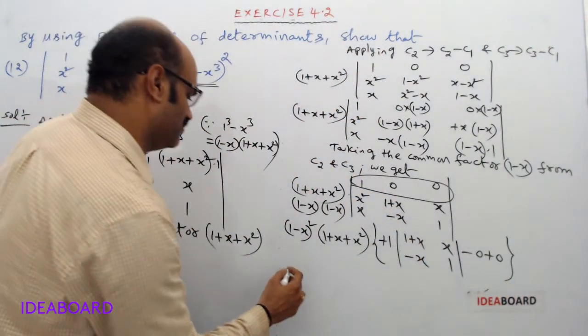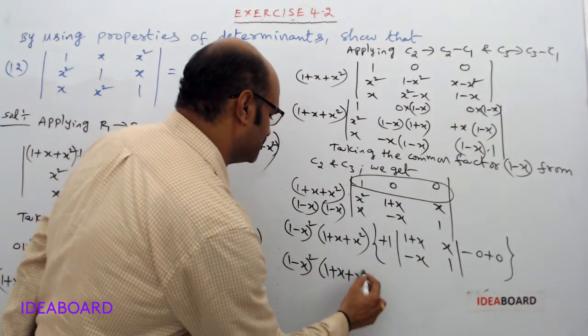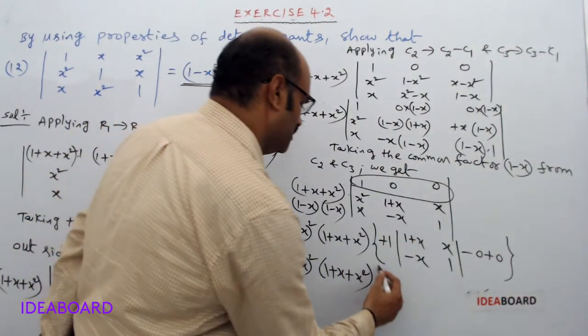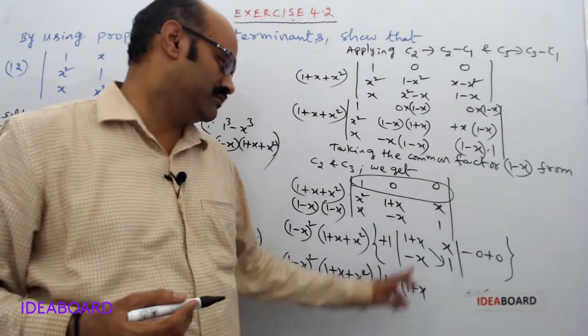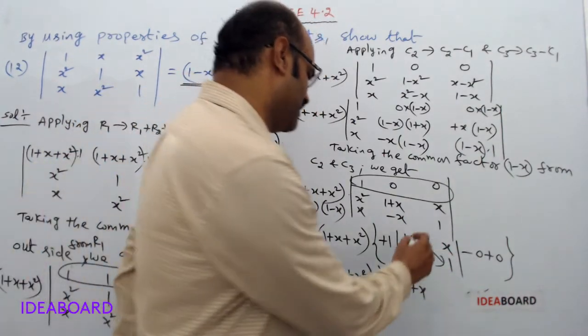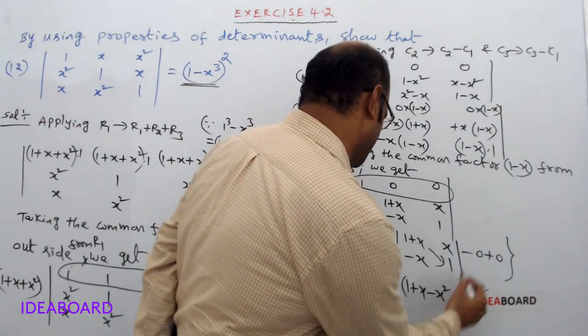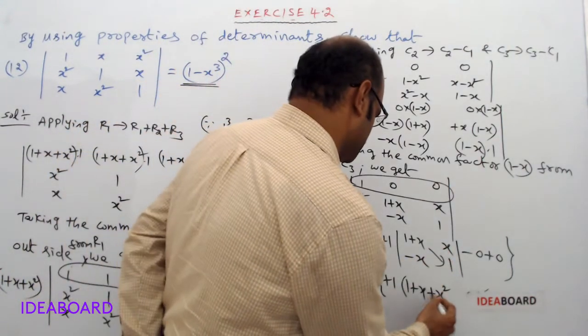So it is equal to (1 − x)² (1 + x + x²) into plus 1 into the product of principal diagonal elements minus the product of off-diagonal elements: 1 + x + x², since minus into minus is plus.